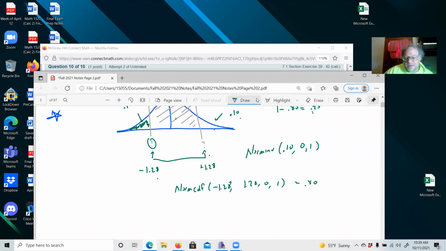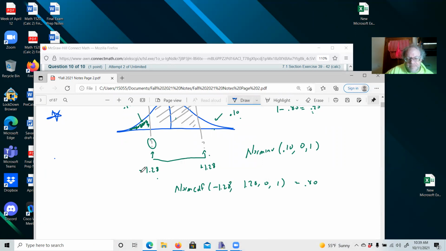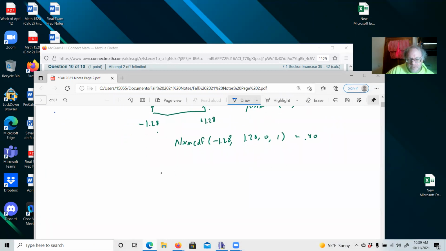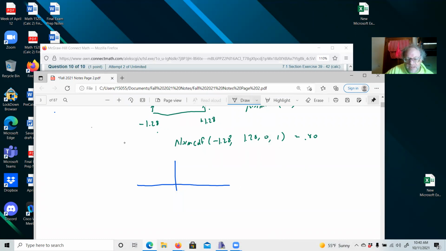So we're going to do the same thing. Here's my normal distribution. We are trying to figure out the middle 96%. Notice these are all even so far, which is very convenient.